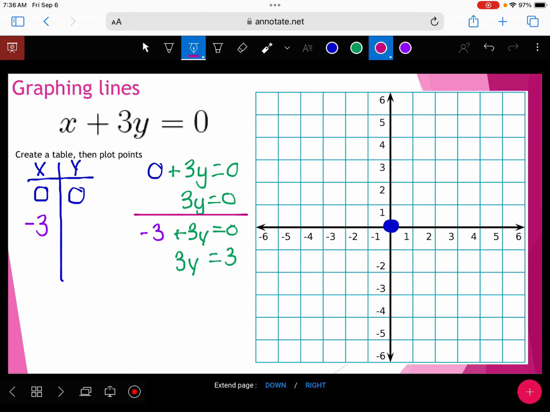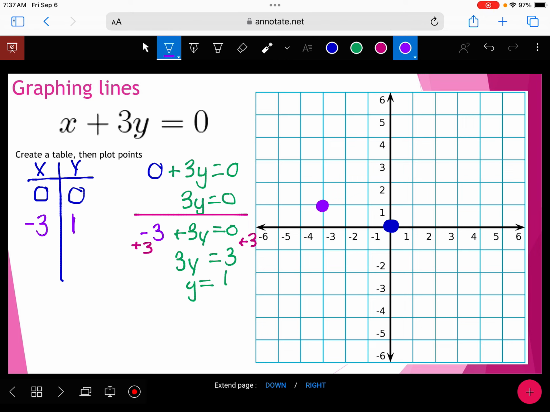I added 3 to both sides. Now we're going to divide both sides by 3, and we get that our y is going to equal 1. So we're going to have a point at negative 3, positive 1. And we can start to see what this line is going to look like.